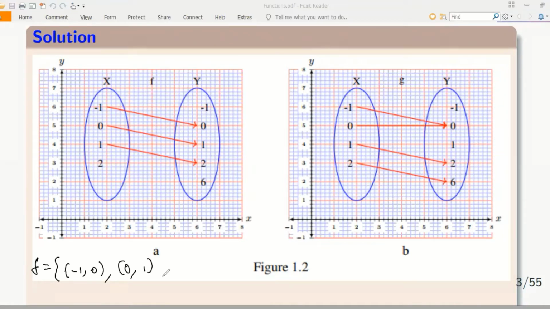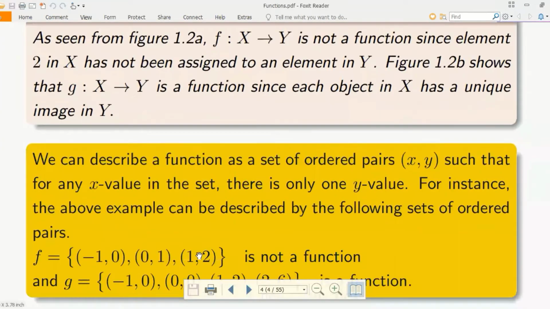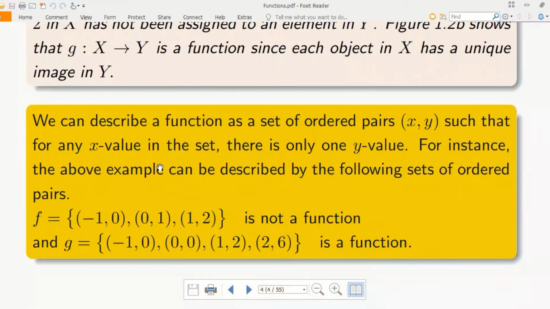And this other one is 1, 2. So this is what I'm writing here. I was explaining that at this point its image is not here, because 2 would not have a function. So we can write this as this, and it was a function.